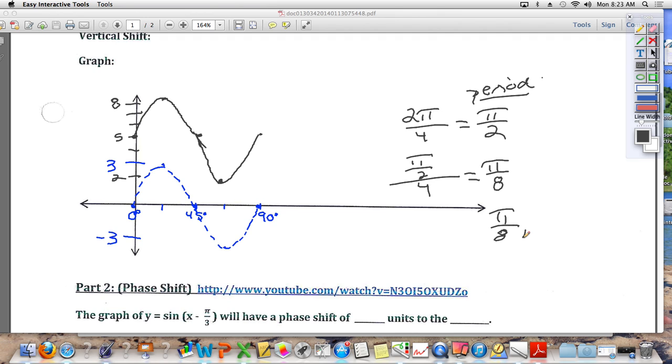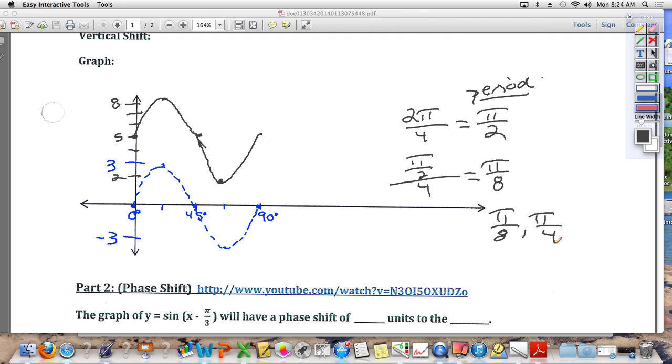What would you do here? If you had pi over 8 as the first step, what do you do to get to the next step? You'd add on another 1/8 of a pi. So 1/8 plus 1/8 is 2/8, which is the same thing as 1/4 of a pi. So you'd have pi over 4.